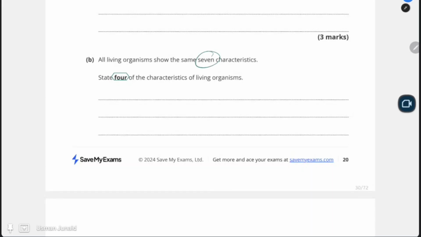We've done this twice or thrice by now. Nutrition, respiration, movement, excretion, growth, reproduction, and sensitivity.